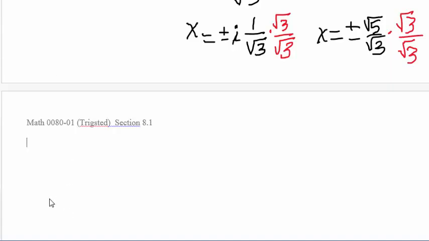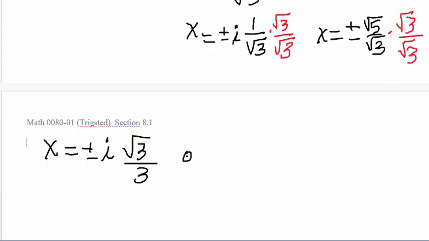Okay, so x equals plus or minus i times the square root of 3 over 3, or x equals plus or minus square root of 15 over 3. So remember, the square root of 3 times the square root of 3 is the square root of 9. And the square root of 9 is 3. That's why I get this 3 in both denominators.